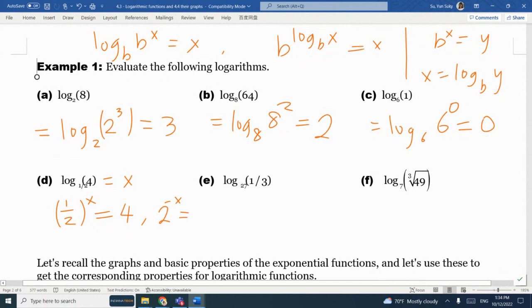Is that okay, everybody? On your right hand side, what is 4? 2 squared. Do you see both of them have the same base?